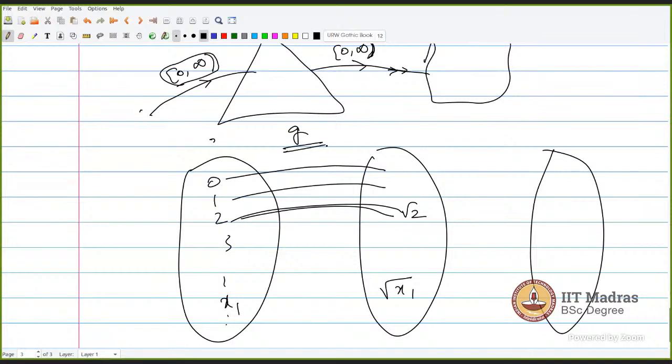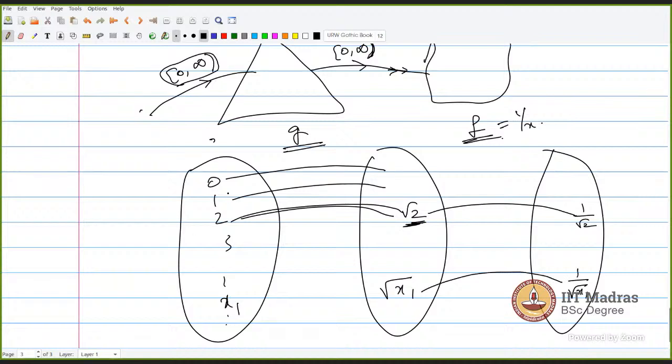You say this is a function g. This is function f now. So whatever comes here, this will map to 1 by root 2, right? Our function is 1 by x here. This is root 2. Now my output will be 1 by root 2. Likewise, for root x1, there will be 1 by root x1.